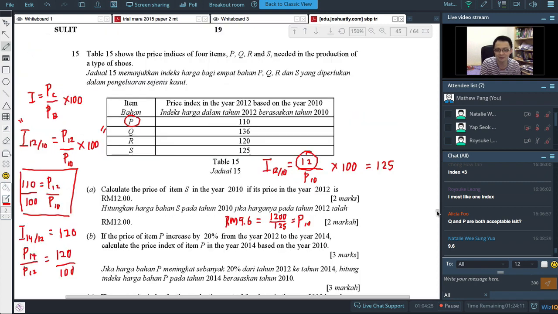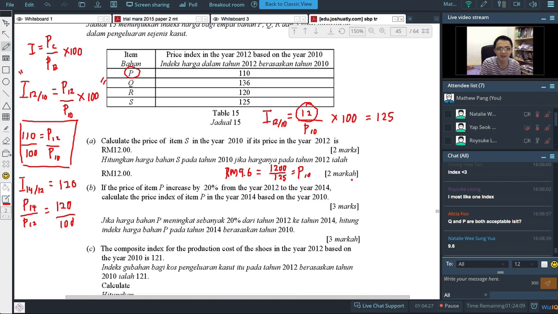Then they want item P. Item P, we got it just now. This is item P for 2012 based on 2010. This is item P for 2014 based on 2012. You will need this one because I ask you to calculate the price index.